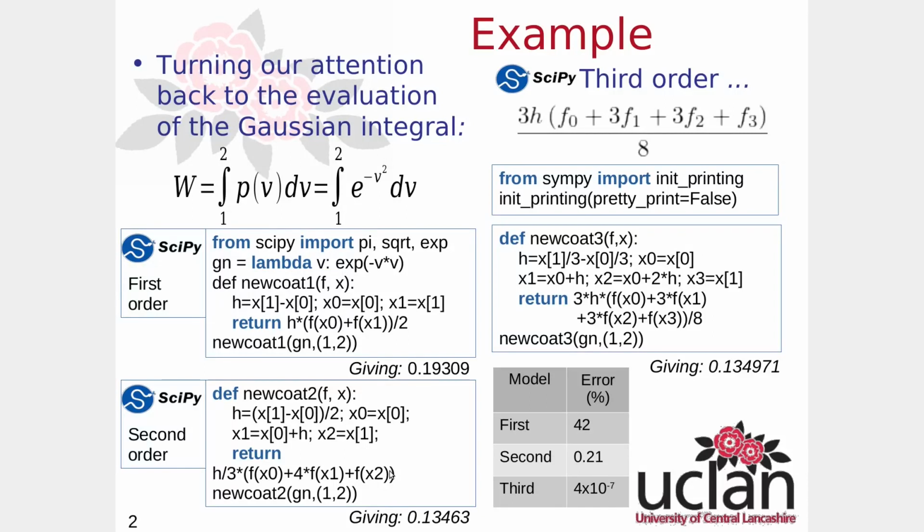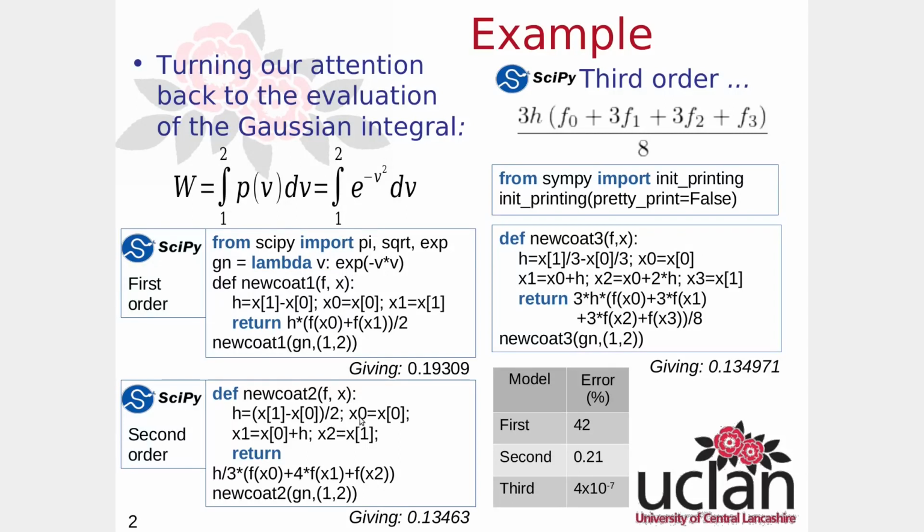Moving on to the second order integration method, the second order Newton-Cotes. We've defined a function here, newcote2 f of x, and this time we've computed h, because there's 3 points, 2 strips, so it's x1, the end of the integration, minus x0, the beginning of the integration interval, divided by 2.